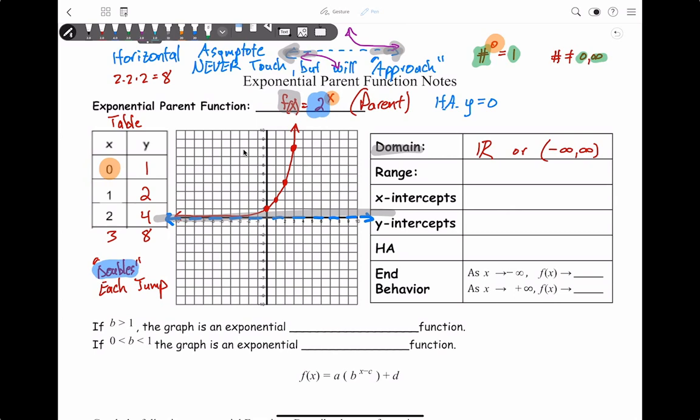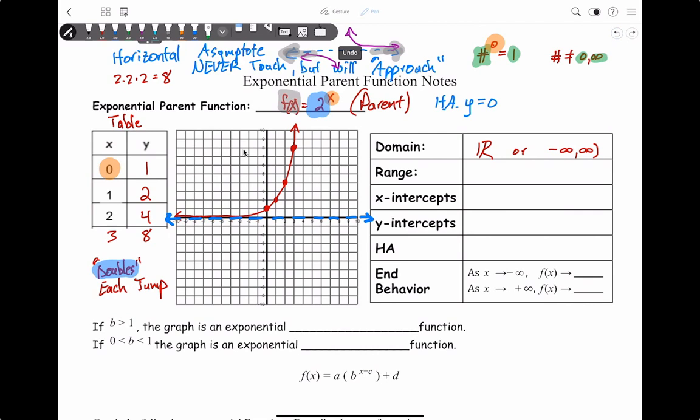If I'm looking at range, these are y values, and I'm going to ask myself what y values are actually touching this graph. We see that it happens just after y equals 0 and up. It doesn't hit y equals 0, but happens immediately thereafter.